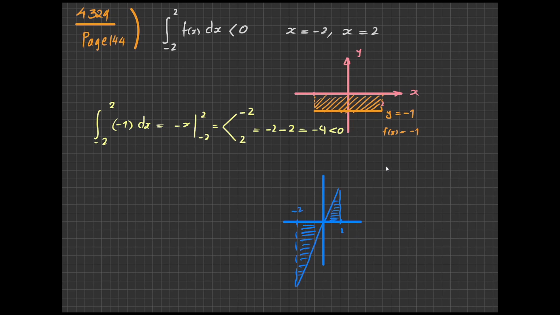I don't know what they mean. What they have written is that the answer is f of x equals x squared minus 16. So they wanted you to give a function such that the integral was less than 0. Okay, so mine is also working. I don't know why they made that example.